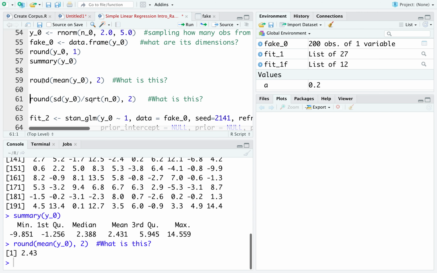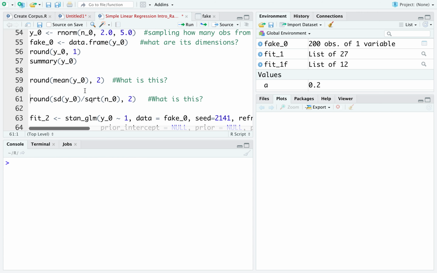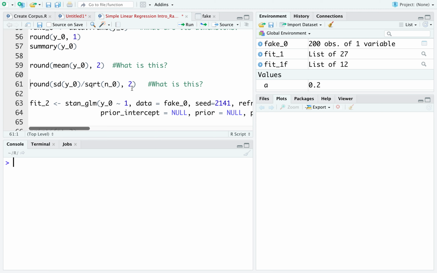Just to reiterate, the mean of this is 2.43, and what am I doing here? I'm rounding again just to not have so many significant digits. I'm taking the standard deviation of those observations and dividing by the square root of the number of observations.